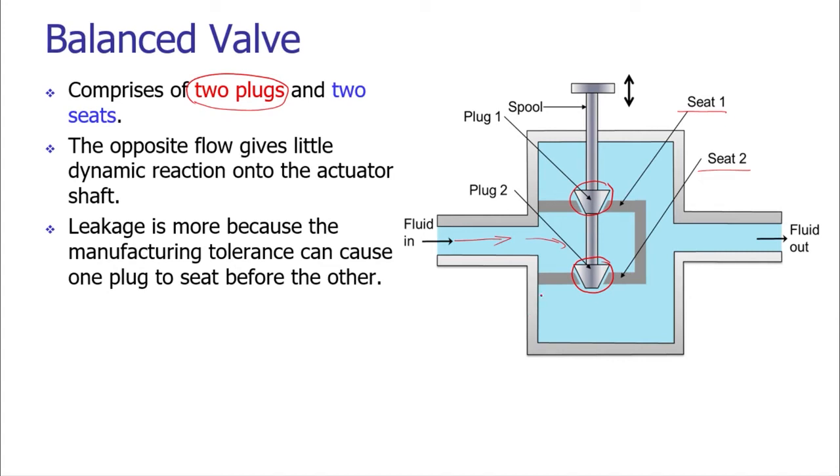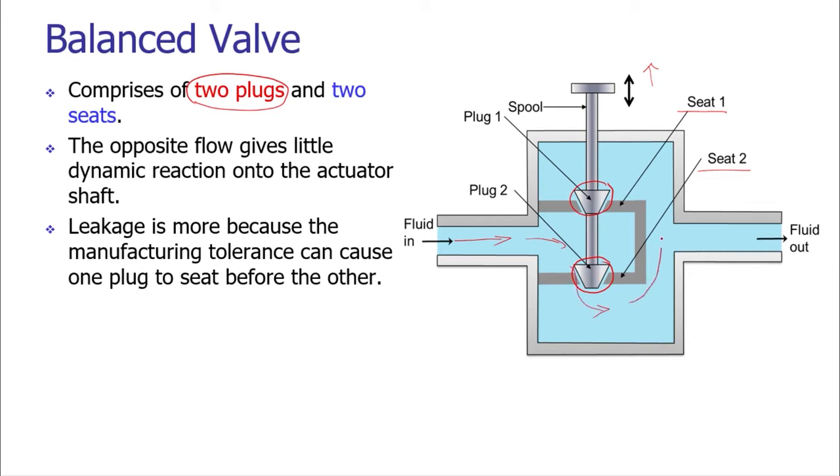2. So if we provide the upward movement to the spool, there would be a gap between the plug 2 and plug 1, and the pressurized fluid will pass through here.